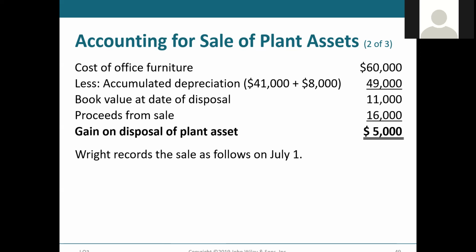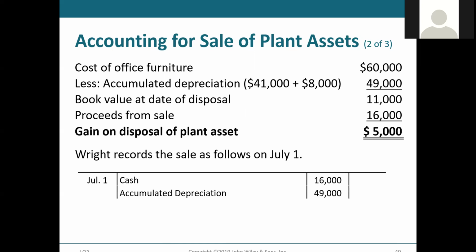Your journal entry is always going to be a debit to cash, a debit to accumulated depreciation, a credit to the original cost. Those are the 3 keys right there. And you balance the journal entry to see if you have a loss or a gain, okay? And there it is.